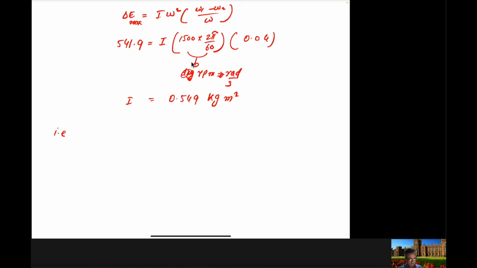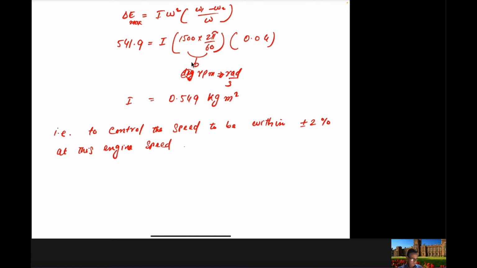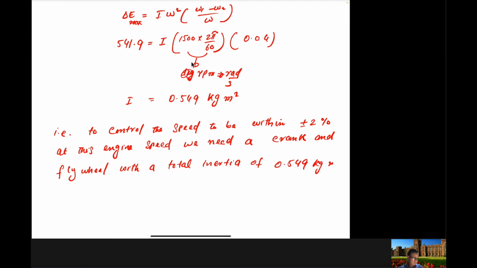Okay, so if you want to write it, it will be a good idea: to control the speed to be within plus minus 2% at this engine speed, we need a crank and flywheel with a total inertia of 0.549 kilogram meter square.